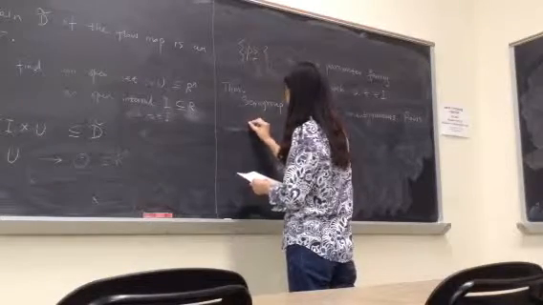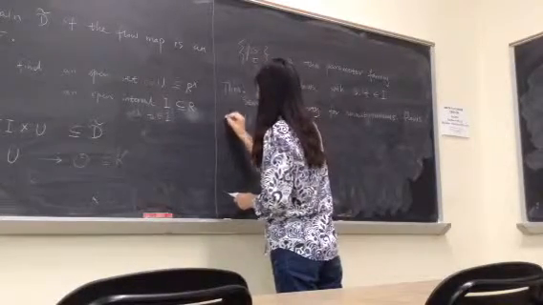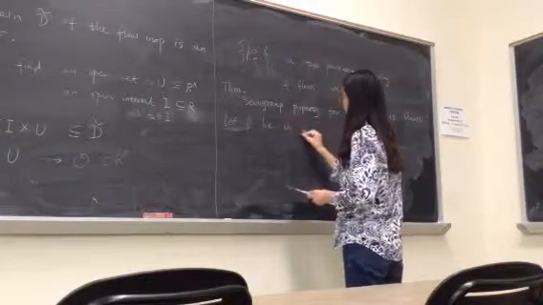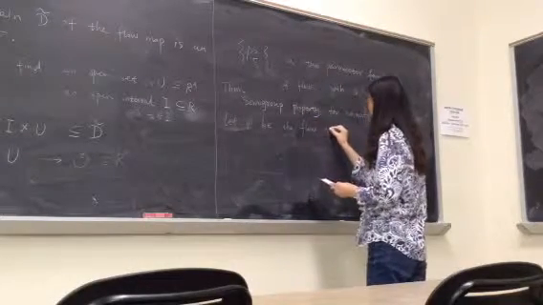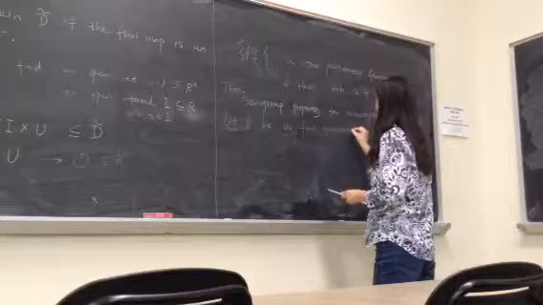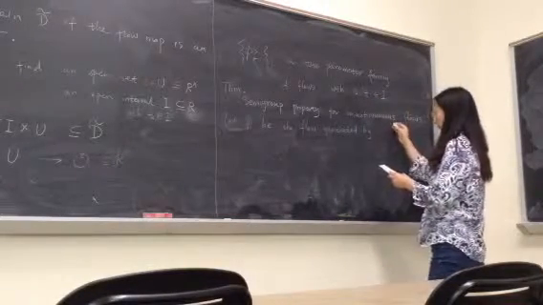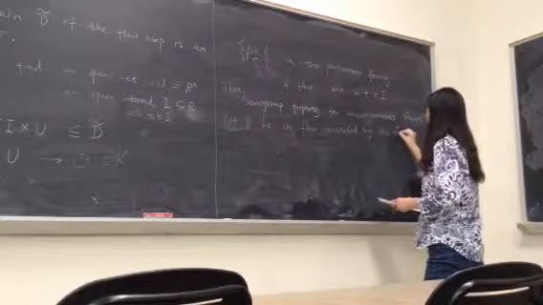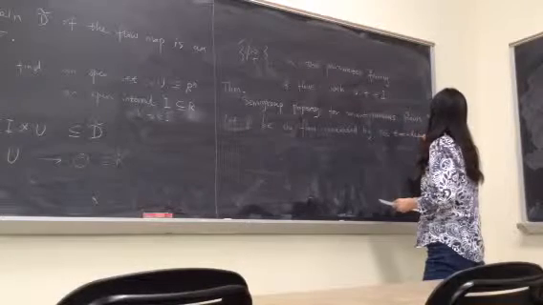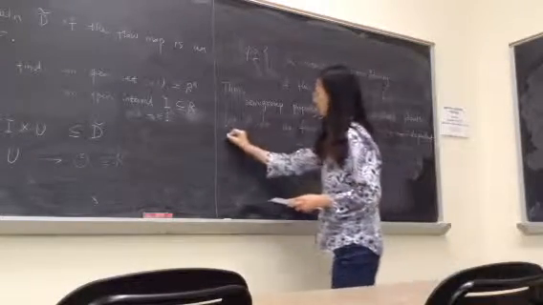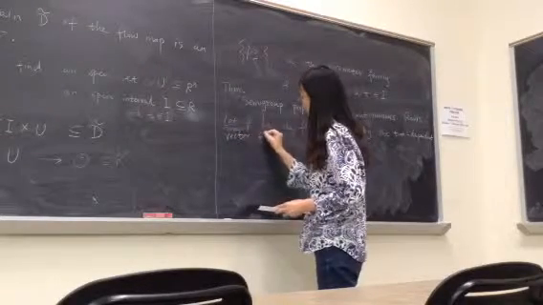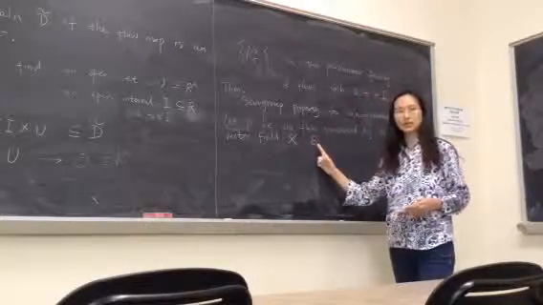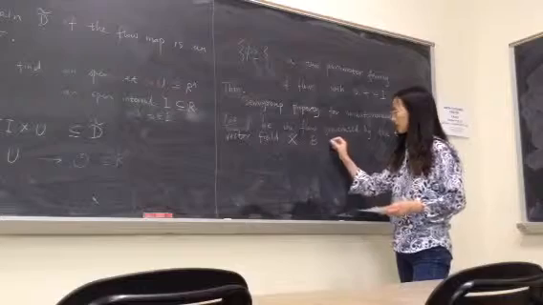So in this theorem, phi is the flow generated by the time-dependent vector field X. X is from set B to Rn.